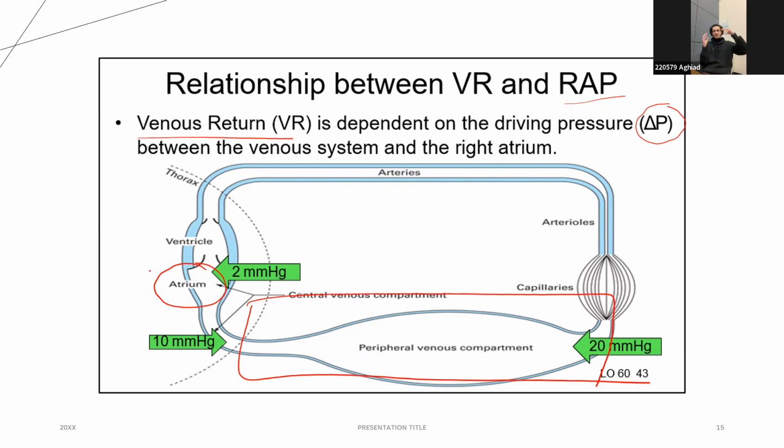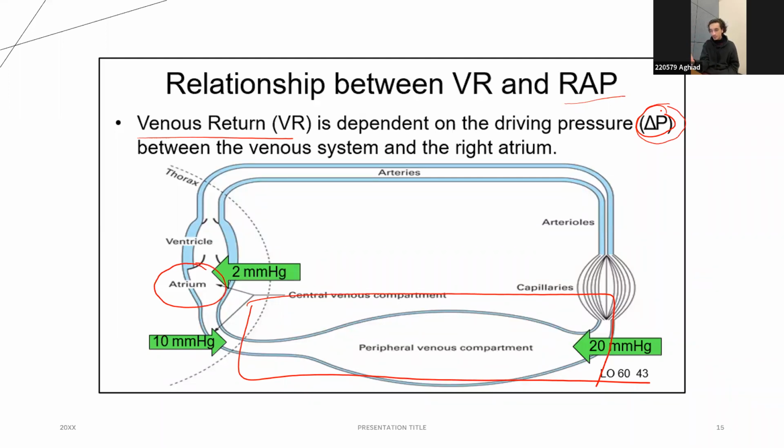If the pressure in the atrium is more than on the venous side of the body, blood won't go to the atria, nor the heart, and then there's no blood flow. So you need a difference in pressure, and that's why delta is here, to help maintain the blood flow from the veins to the heart, specifically the atrium right now, and then to the rest of the body.